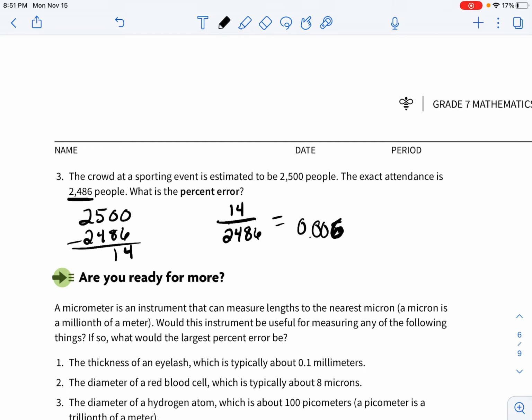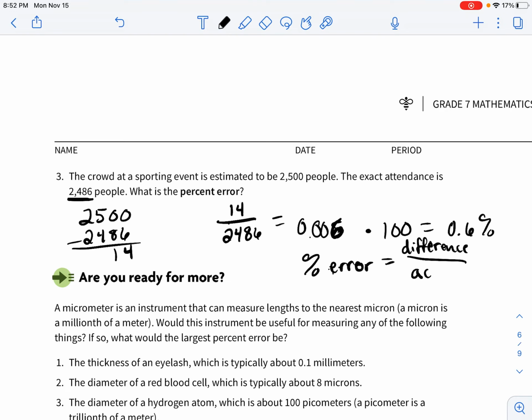Okay, so the percent error is going to be this times 100. So when you times that by 100, you get 0.6% for error. So percent error is equal to your difference divided by your actual times 100.